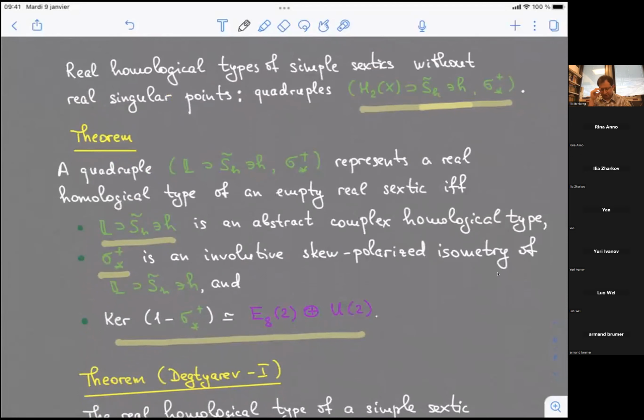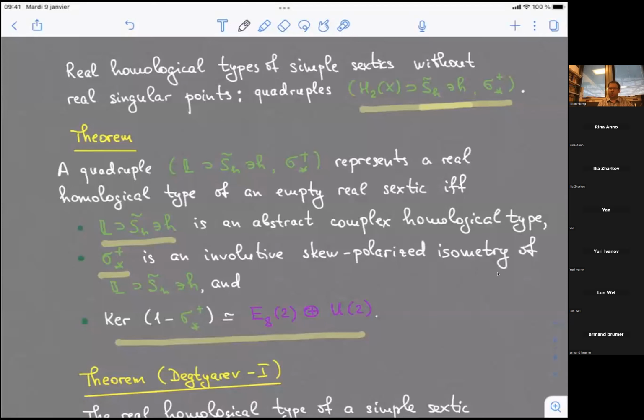So the problem could come from the fact that to speak about real homological type, I should add an involution to the complex homological type. And to have an involution, I should have a real structure. And as I said, on my K3 surface, there are 2 real structures.